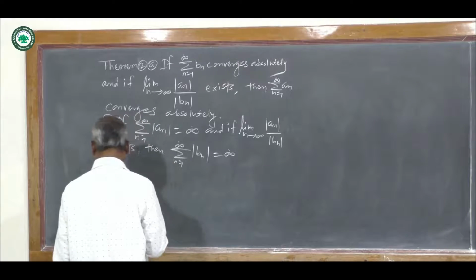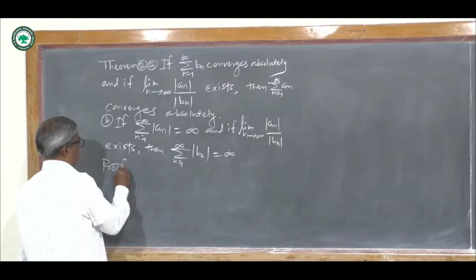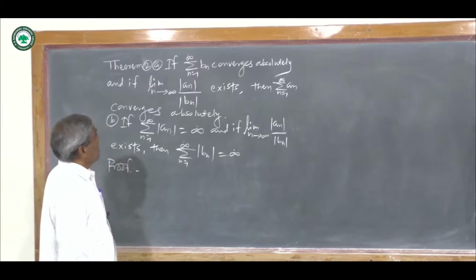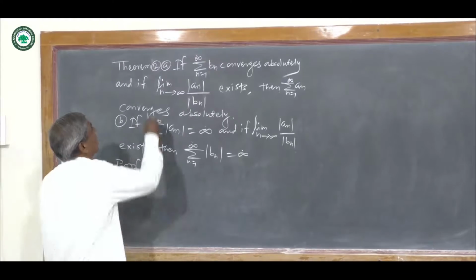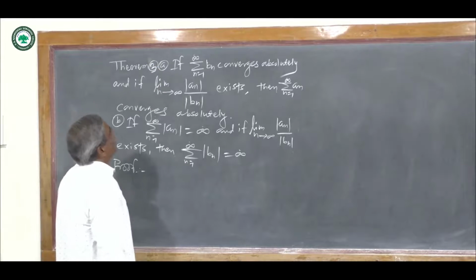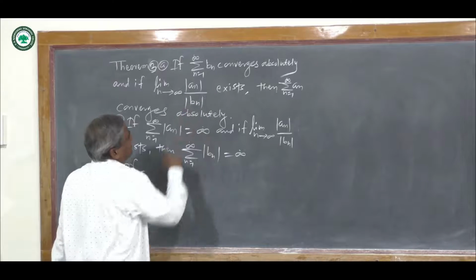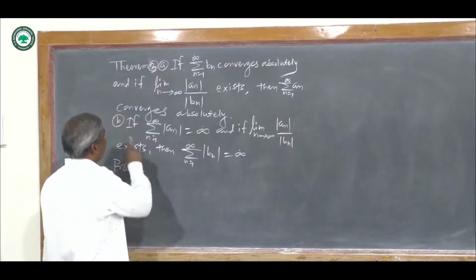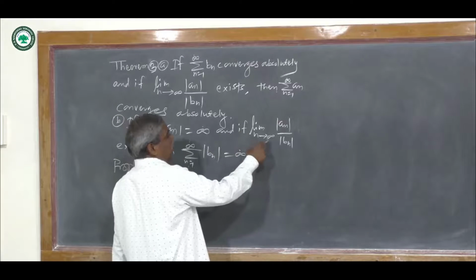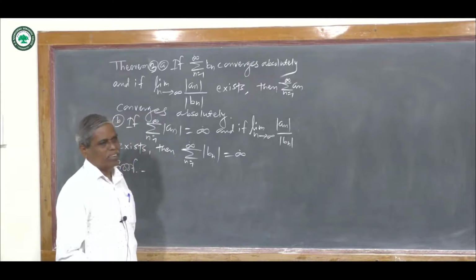Proof of this theorem. In theorem 3a, limit n tends to infinity of mod an upon mod bn exists, and in theorem B, limit n tends to infinity of mod an upon mod bn exists.